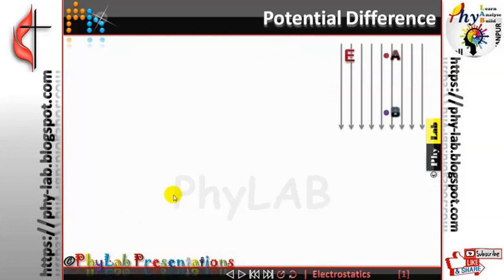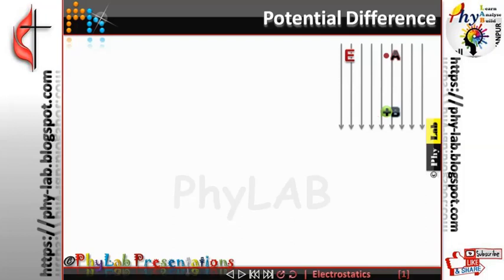So friends, as I told you, a free positive charge would always move from a region of higher potential, that is from point A to point B. So work would not be done, rather work would be obtained. So in order to do the work, what is required? It is required that I must place the charge at point B. Now if I place some charge at point B, then in order to move the charge from point B, that is the region of lower potential, to point A, the external agent would need to do some work.